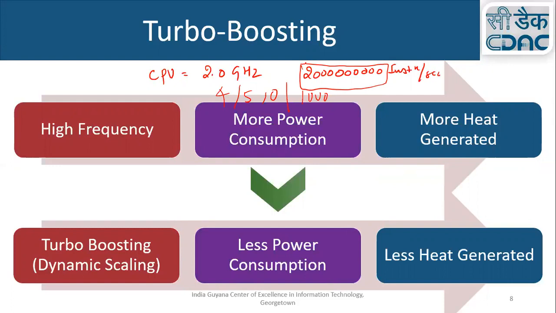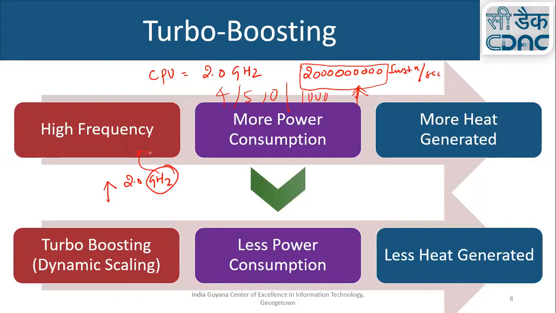But if you are playing video or running some computation-intensive program, then you need more speed. So if your CPU is always working at this speed, 2.0 gigahertz, this gigahertz means the frequency, the number of instructions per second.